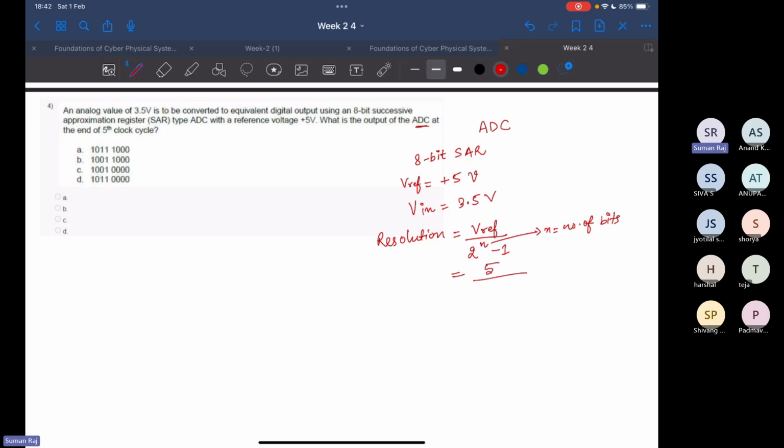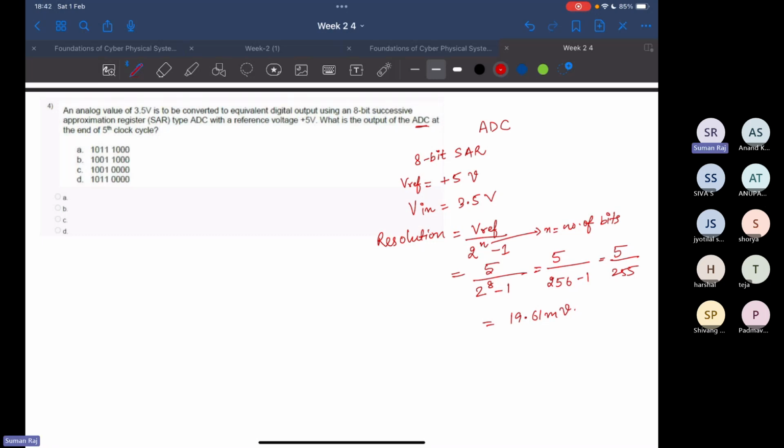We have 5 divided by 2 to the power 8 minus 1. What is 2 to the power 8? 256. Nice. We have 256 minus 1, which is 255. Okay. So this is approximately equal to 19.61 millivolt.